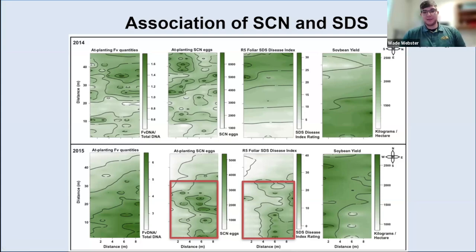Then when we take that to SDS, we see almost the exact same areas having a higher level of SDS comparatively to the areas just outside of that. And same thing with yield. We can see this decreased yield right in those areas where SCN and SDS are both present at the exact same time. And we don't see that SDS shifting outside of those heavily infested SCN areas.